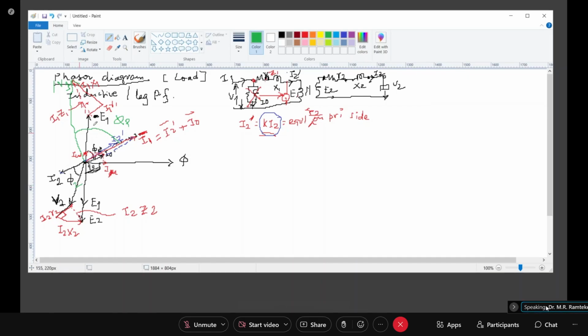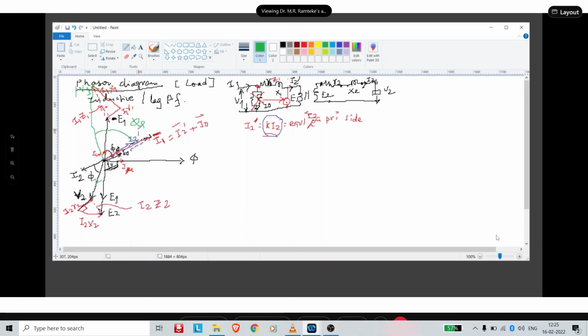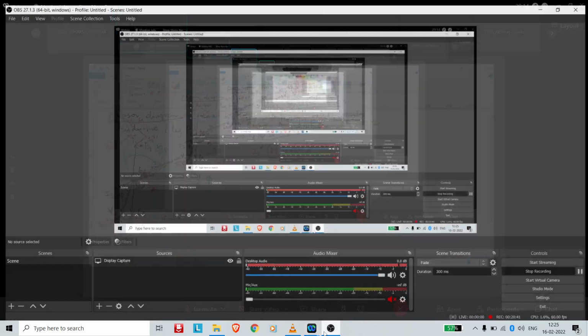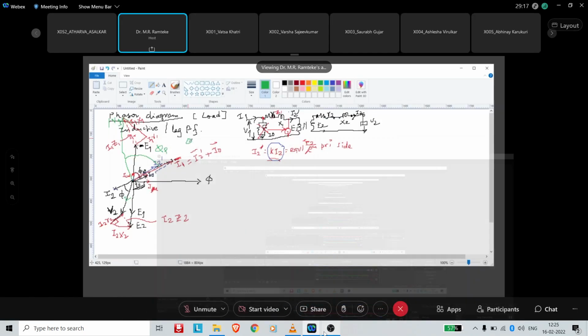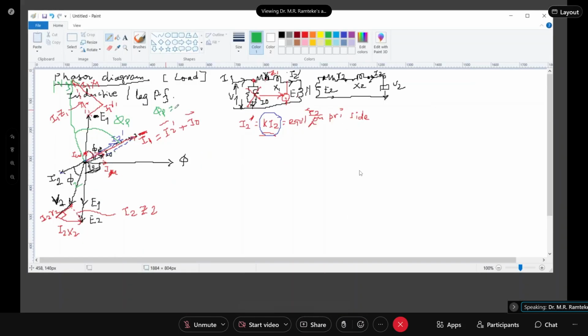So you see there is a difference, but we are neglecting it and assuming that primary side phase angle equal to secondary side phase angle, because we want to simplify the solutions. Otherwise, lot of calculations will get involved. So this is my V1. This is the diagram under lagging PF.